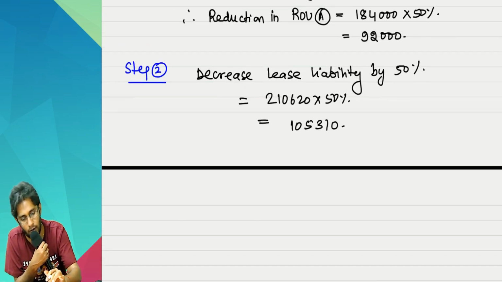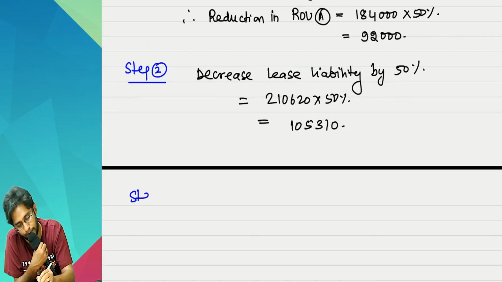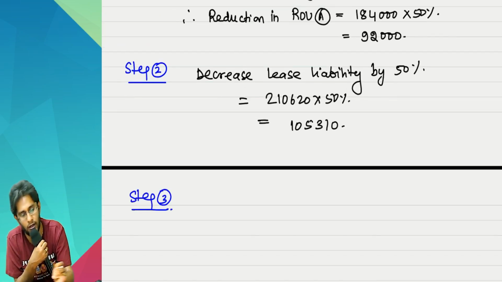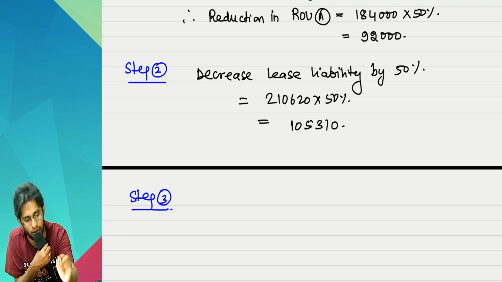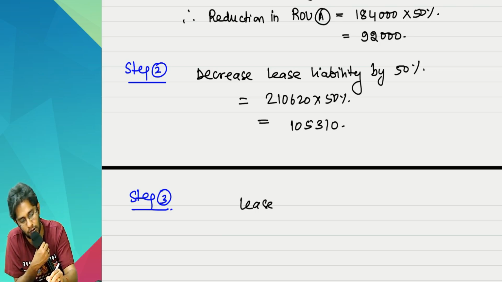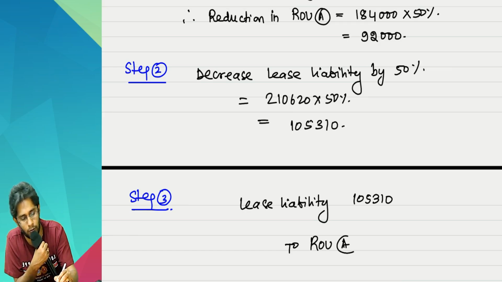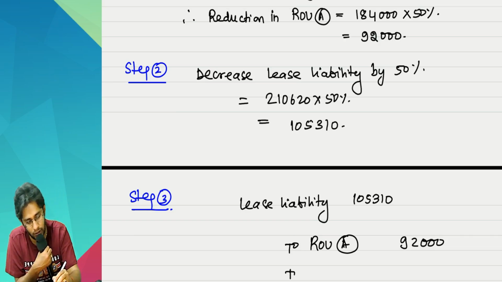Right, sir? Now step number 3, the entry. Life is simple. Lease liability account debit 105,310 to ROU asset 92,000.